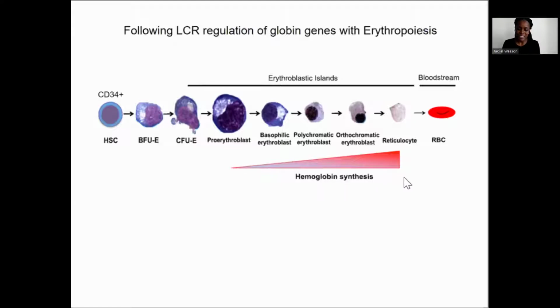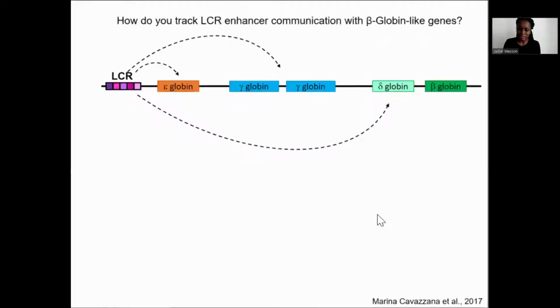Here they essentially mimic the developmental path of globin expression. You can see that over time you get more and more hemoglobin synthesis as these cells differentiate from more immature CD34 positive cells into mature red blood cells.